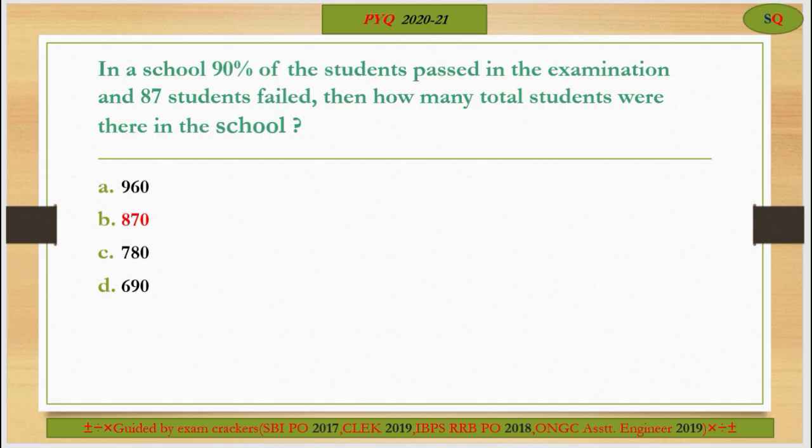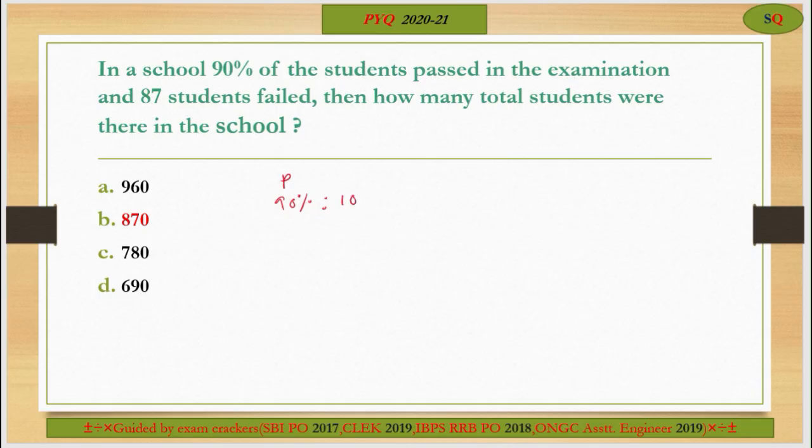Next question. In a school, 90% of students pass in examination and 87 students fail. Then how many total students were there in the school? Just you can do in a second. Using the ratio method we can do it in just a second, right? 90% of students pass. It is pass ratio.